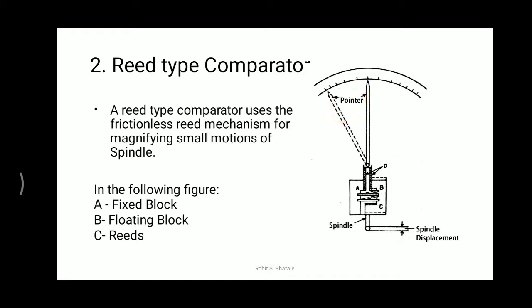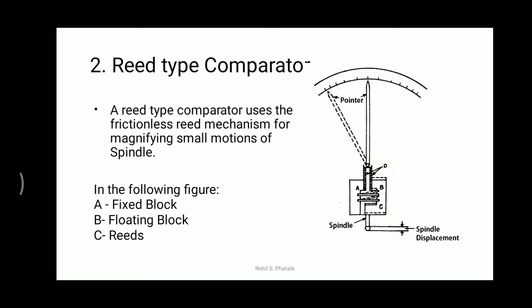Over here in this diagram you can see, first of all, A, B and C are at their original position. When A, B and C are at original positions, the pointer is at 0. After giving the displacement to the spindle, you can see some dotted lines in this square block.